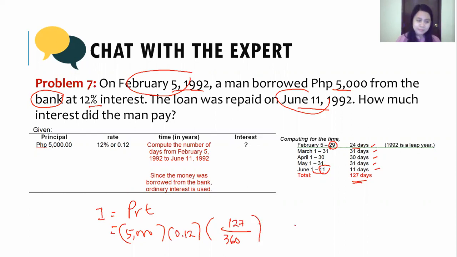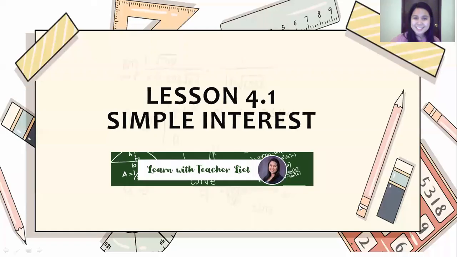That's 127 over 360. If we multiply it, the interest will be 211.67 pesos. Any questions? No questions?